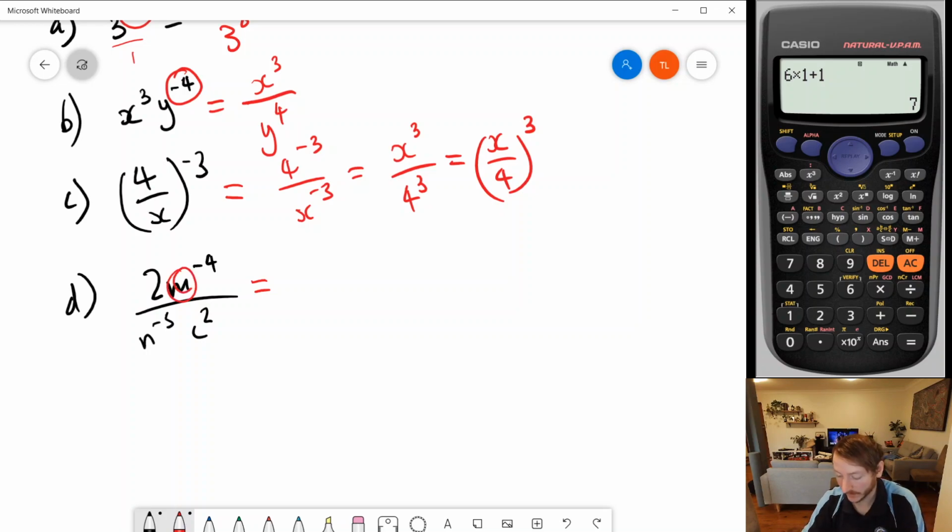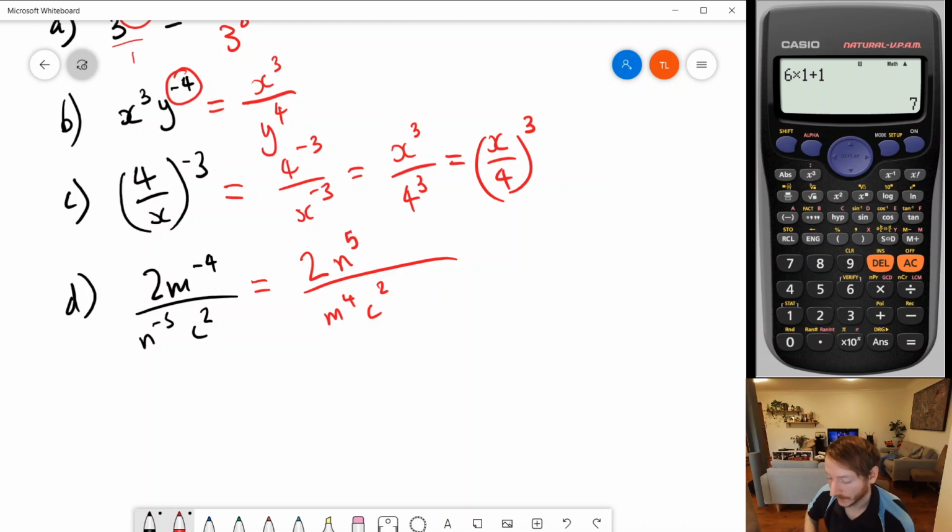So this only applies to the m. So what I need to do is leave the 2 on top. That m to the 4 is going to go underneath. I've changed the sign and flipped it onto the other side of the fraction. On the bottom we've got an n to the negative 5. Well, that's going to go up top and become positive. C squared, that's already positive, so it stays as it is. And there you have it.